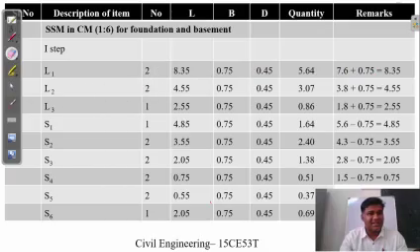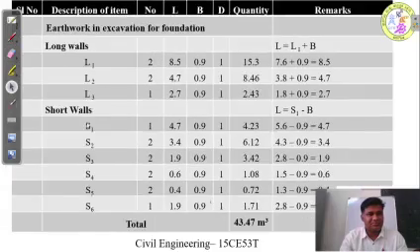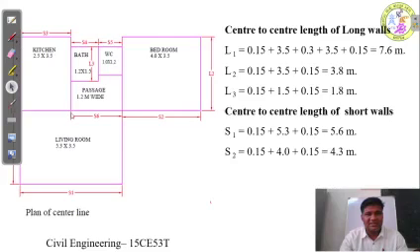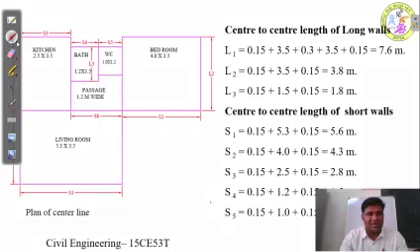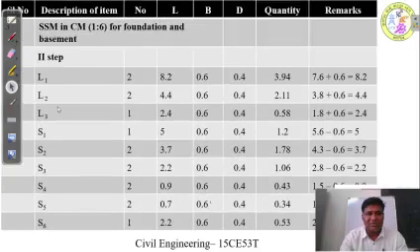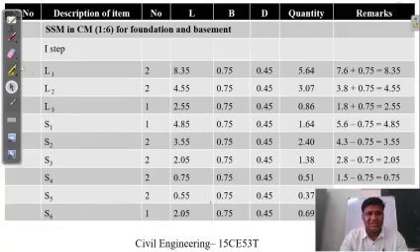Similarly, in the second step, in the wall L2, the center to center length is 3.8 meters, and there are two numbers of L2. The same process we used for the earthwork, the same parameters I am going to take, only I am going to replace the width of the sandstone masonry.